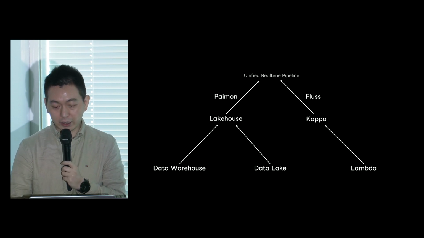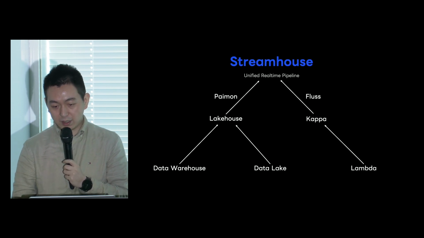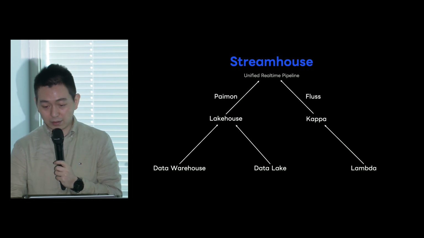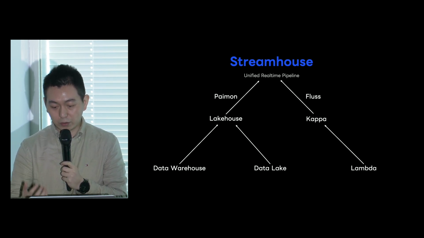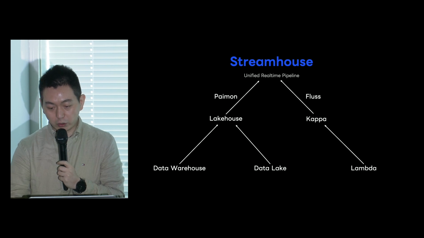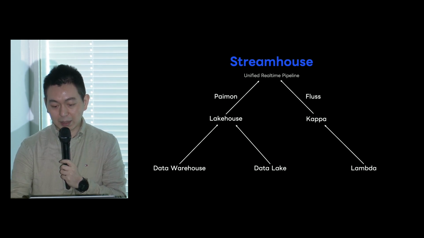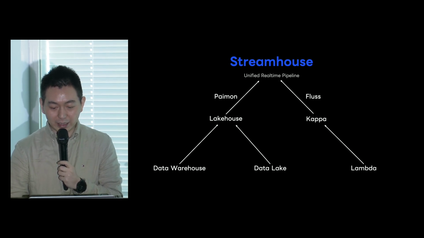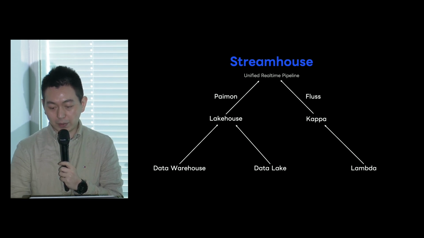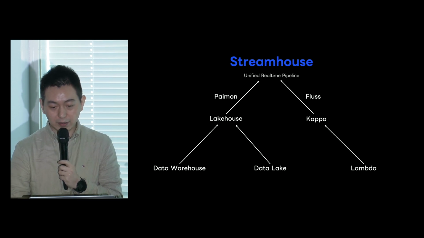We call this architecture Streamhouse. Streamhouse is also called a streaming lakehouse, which is actually a lakehouse with streaming capabilities. The key point of it is to use Paimon to achieve unified data pipeline with sub-minute latency. And we further improve it with Fluss to achieve sub-second latency. So now we've got our real-time data platform in the name of Streamhouse.